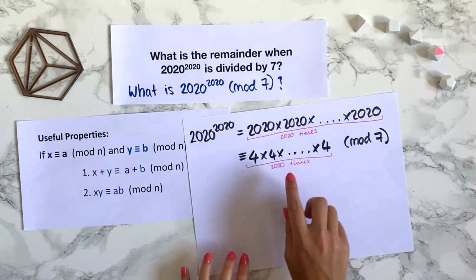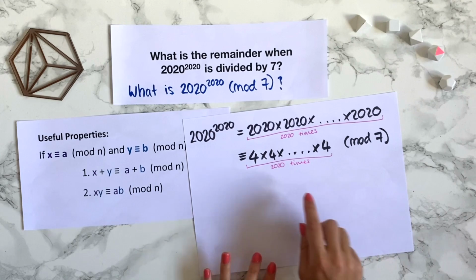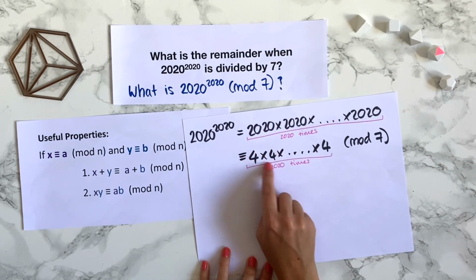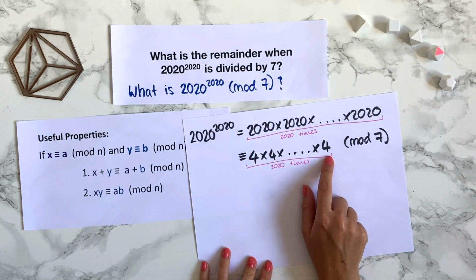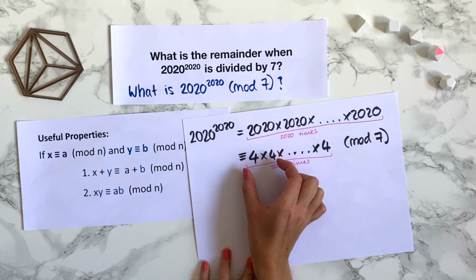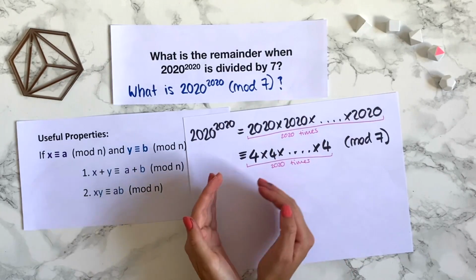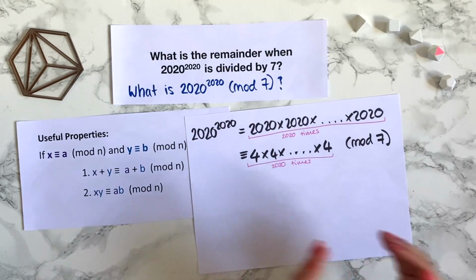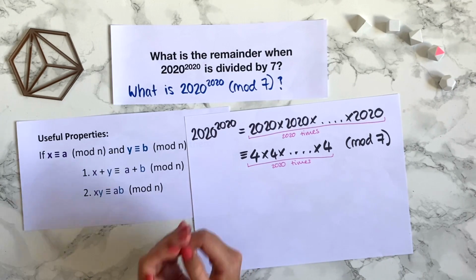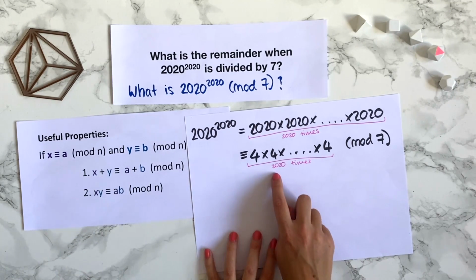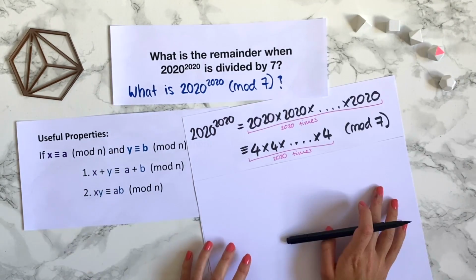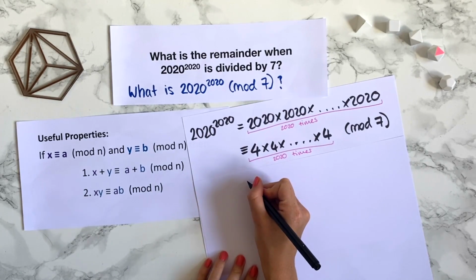A common thing to try when you're dealing with large products in modular arithmetic is to try and group some of the terms together. So say we consider this as actually being 4 times 4 in lots of different pairs. So 4 by 4 multiplied by itself 1010 times. We can see if this will help us.